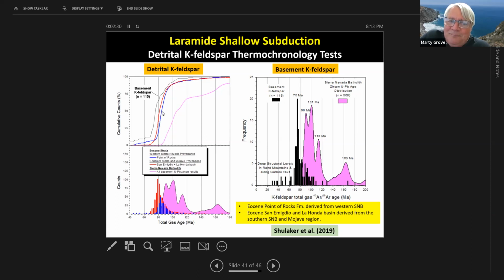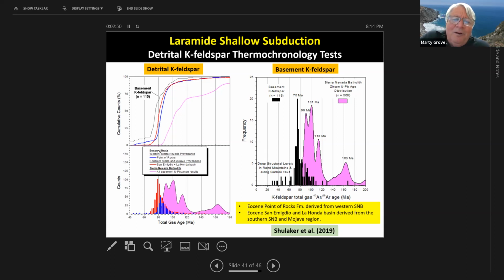And the curve in blue right in here represents what's coming off the western zone of the Sierra Nevada batholith. It's just incrementally older, but still resolvable from the other distributions.